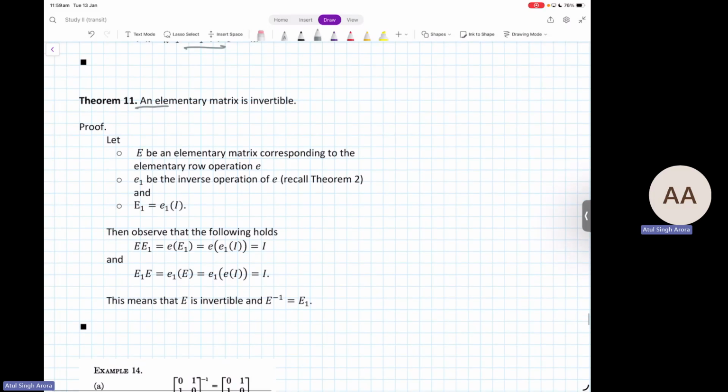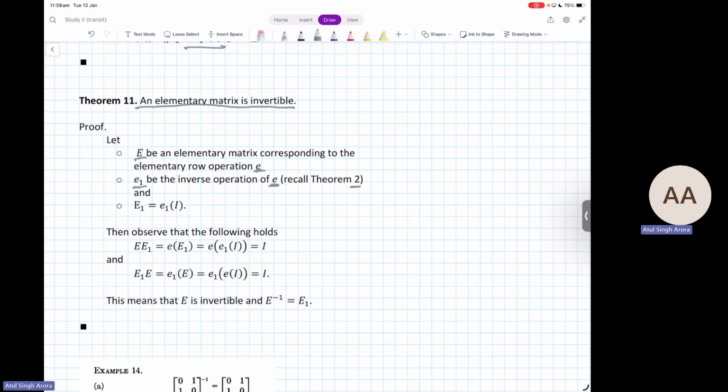It says that an elementary matrix is invertible. So let's say that capital E is an elementary matrix corresponding to some row operation little e. And suppose that little e sub 1 is the inverse of little e.